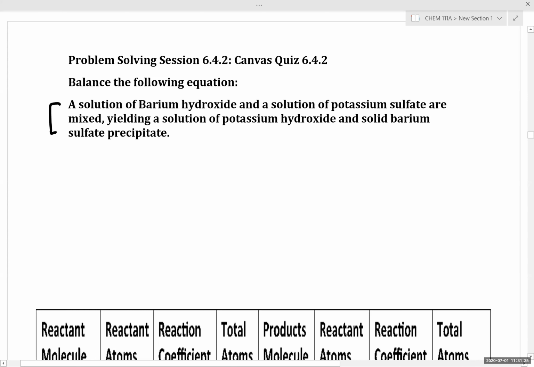So we'll spend about 6 minutes total on this problem, but after 3 minutes, we'll come together and we'll discuss nomenclature, just so that way we're not stuck writing out the names, and we want to make sure that our formulas are correct, so that way we can balance the equation effectively.